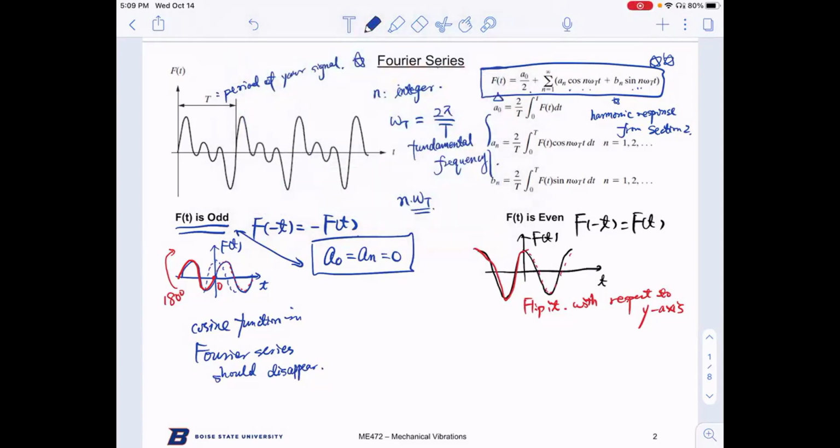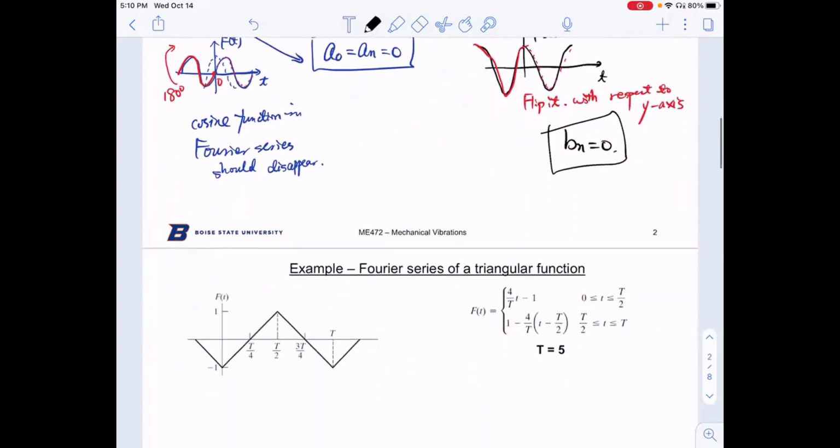So if your function is even, that means you cannot have any sine terms in your Fourier series. That means your Bn should be 0. So based on this, if you want to do a Fourier series for a periodic input, the first thing you need to do is to see if your function is odd or even. If it does have this special property, that can simplify the discussion by quite a lot.